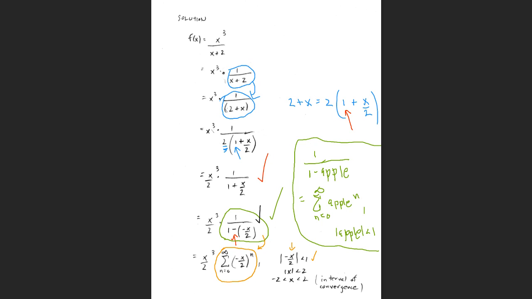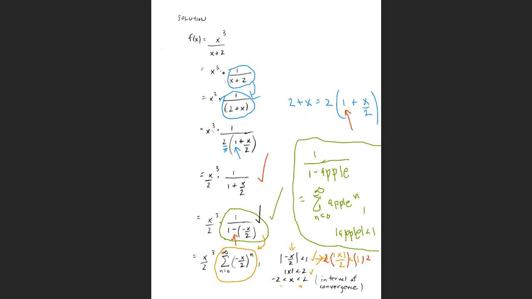So that means the absolute value of x over 2 is less than 1. If we multiply by 2 on both sides, we get that the absolute value of x is less than 2, or x is between negative 2 and 2.